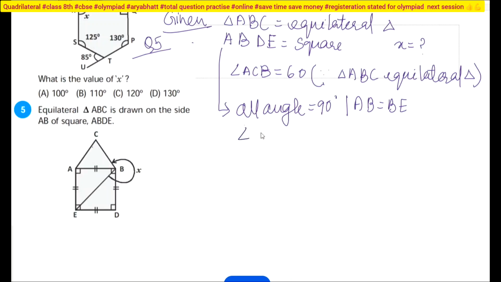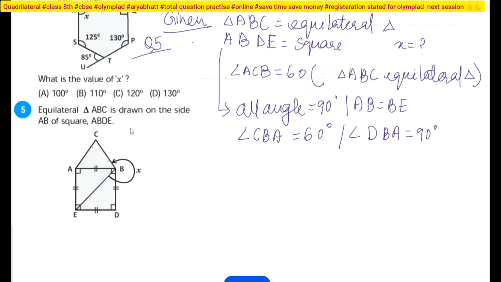So angle CBA is equal to 60 degrees because of the equilateral triangle, and angle DBA is equal to 90 degrees because of the square. So 60 and 90, right?